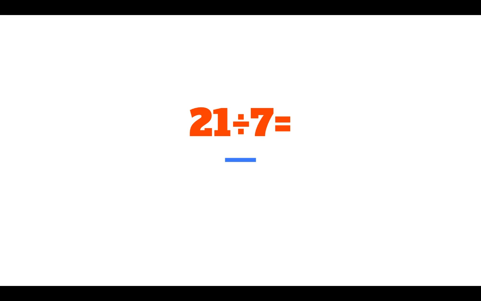Excellent. 21 divided by 7 equals 3. 8 times 4 equals 32.